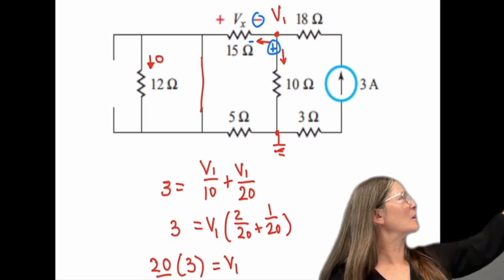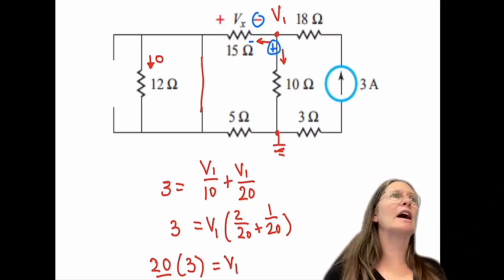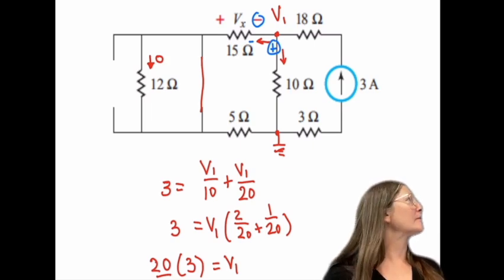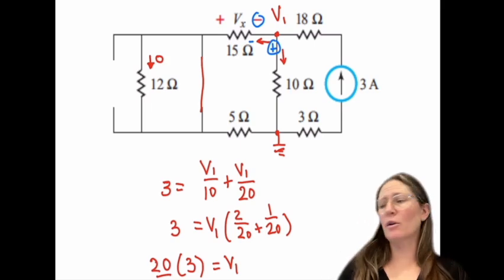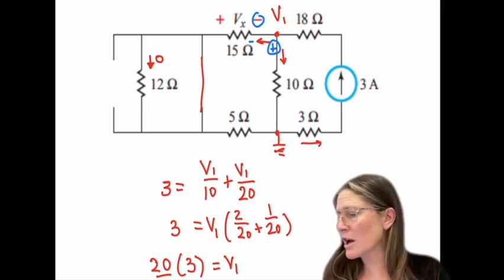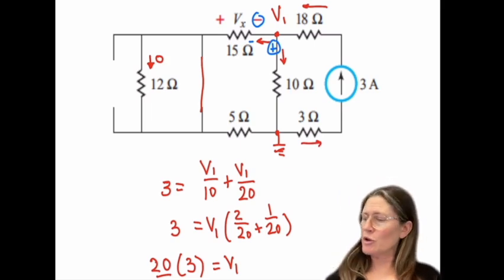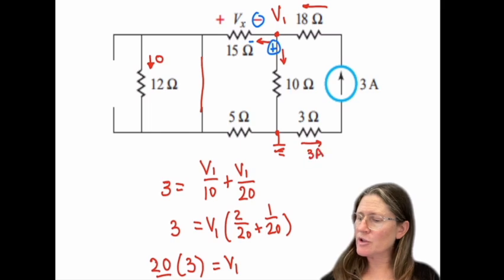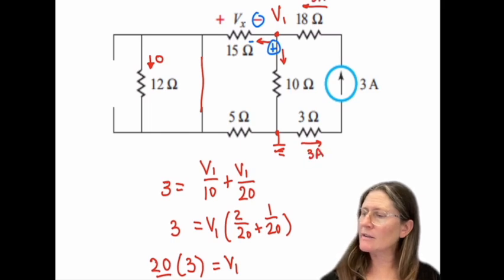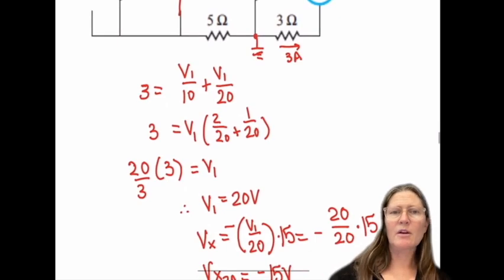And then you have V1 over 10 in the middle, and then on the right, you're setting the current in that path, so it's 3 amps throughout that whole wire. So 3 amps here and 3 amps here. So there's no change with those resistors, and then I can solve that equation for V1.